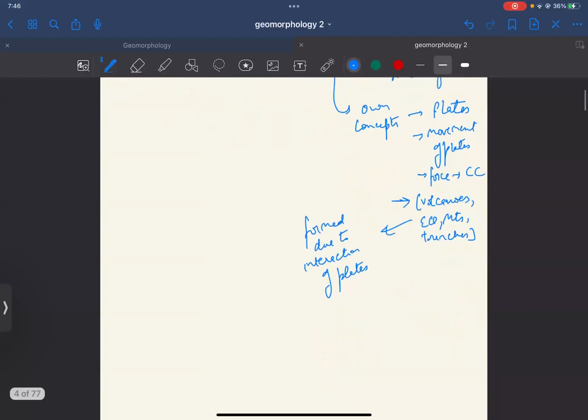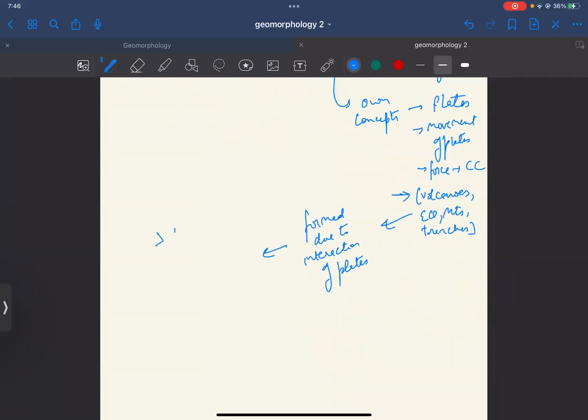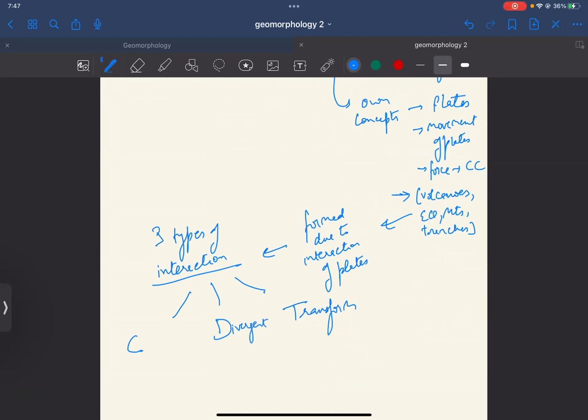Now it says there are three types of interaction. One is convergent, divergent, and transform. So these are the three types of interaction which this theory talks about.